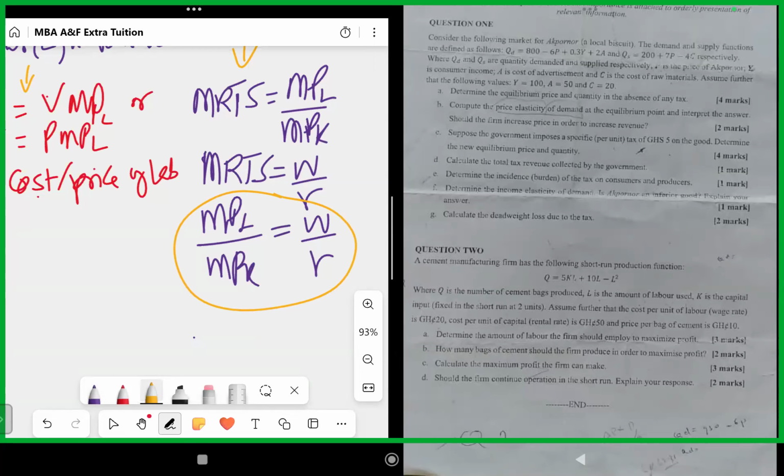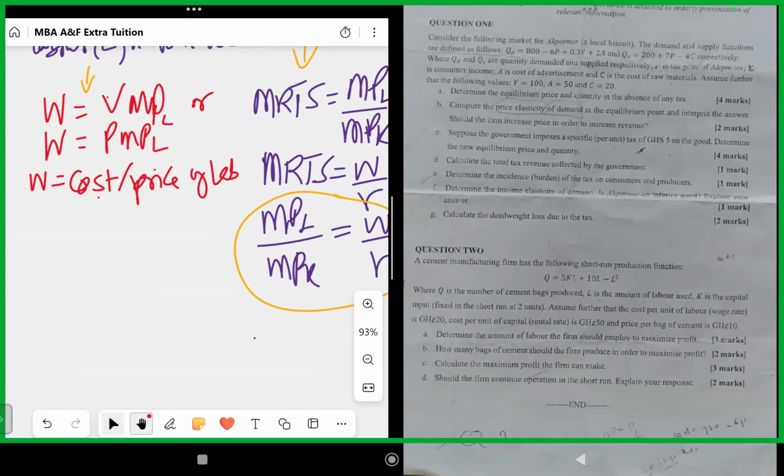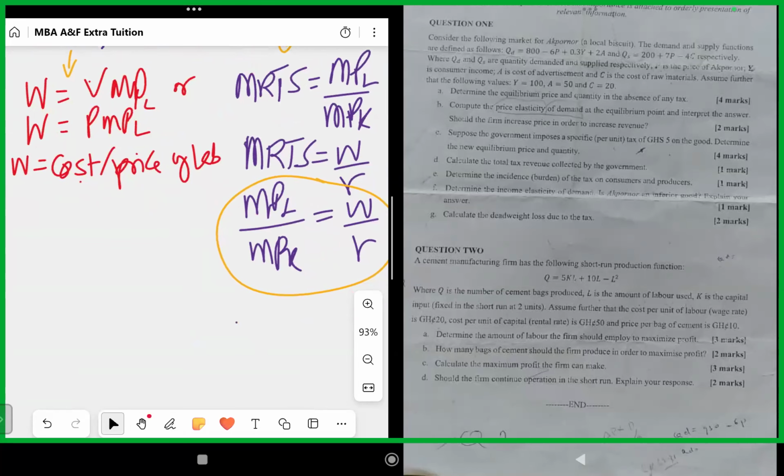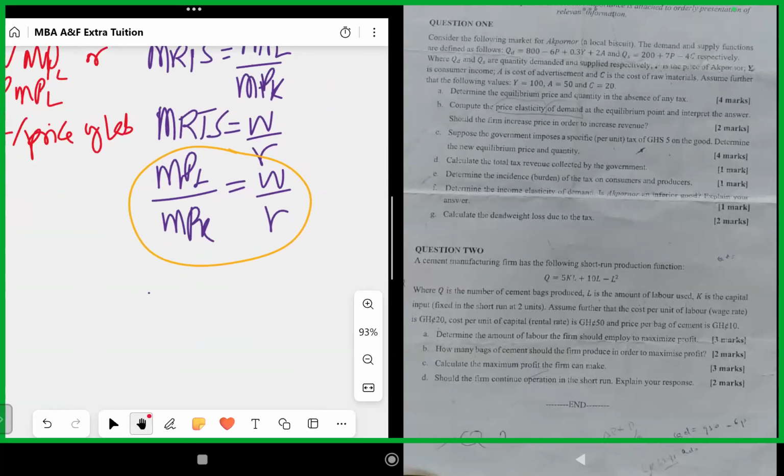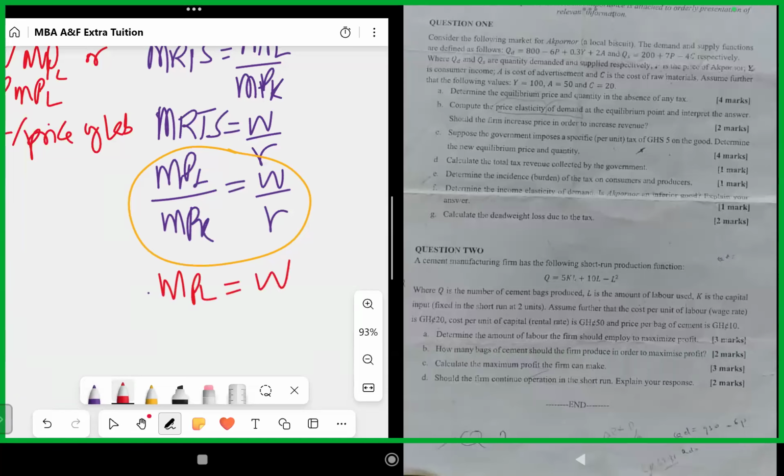Now, you could see from the short run that I equated wage to VMPL, right? So if you want to remember how the marginal rate of technical substitution works, the MPL will be equal to the wage, just as in the short run. But in the short run, we add the V. Have you seen it?